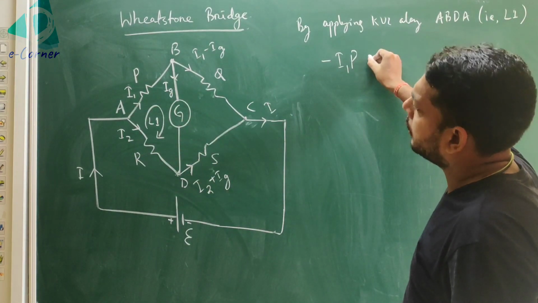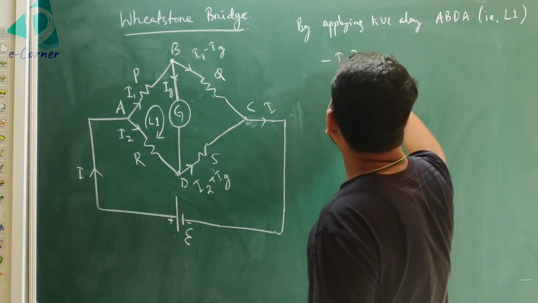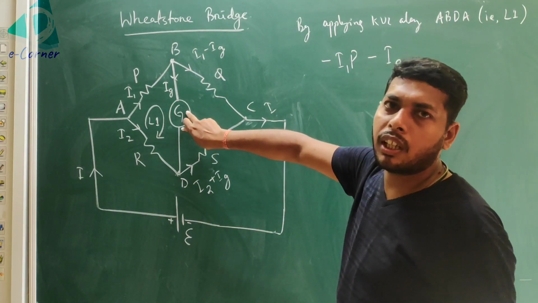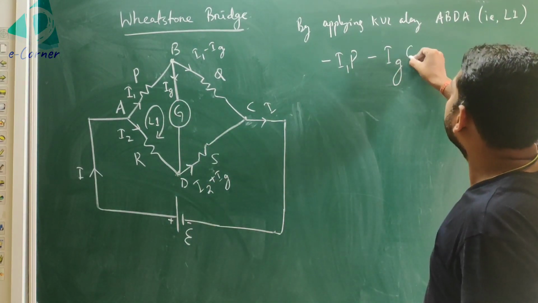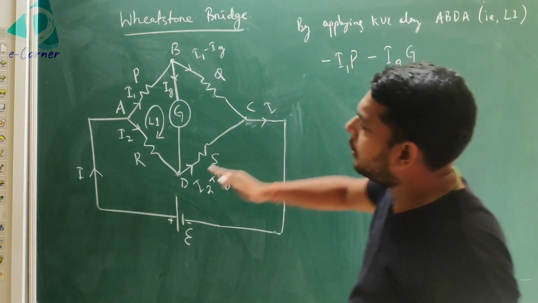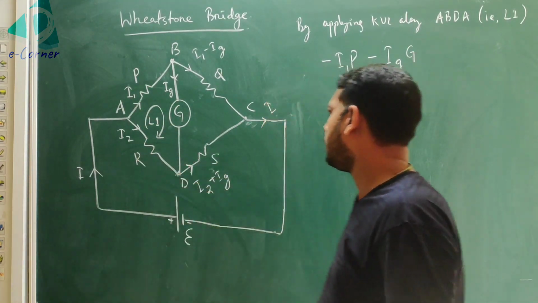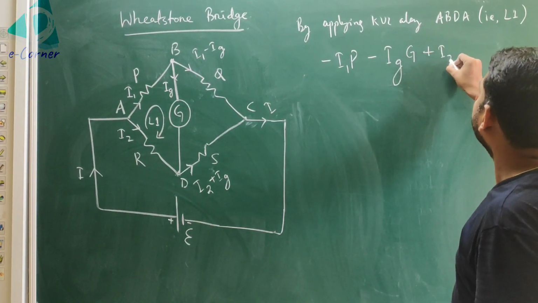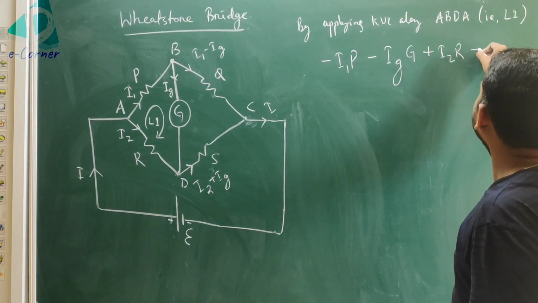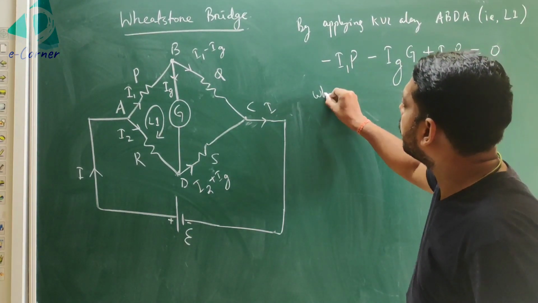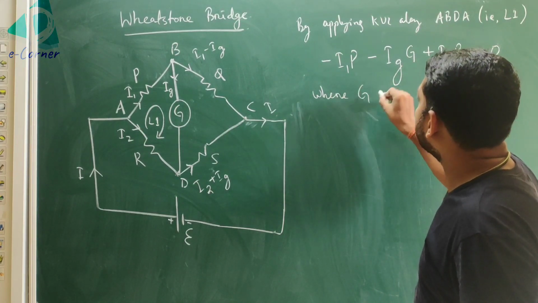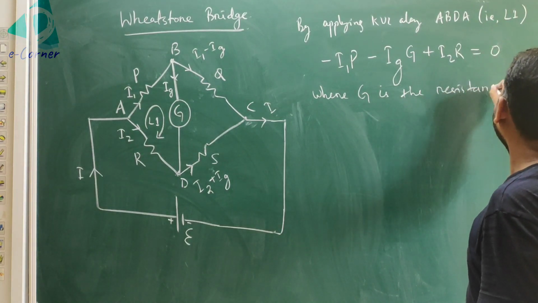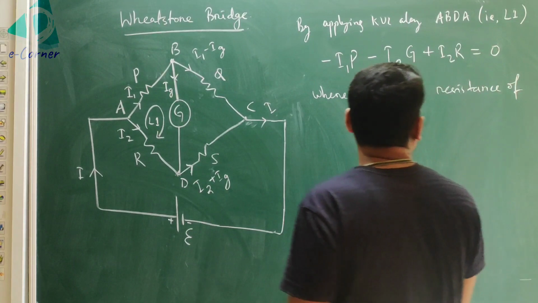Minus I1 P. Then again this is minus, the current is Ig into the resistance of the galvanometer, let it be G, into G. Then this one is coming towards, so this is plus to minus, so again minus to plus, so this is plus I2 into R, which is equal to 0, where capital G is the resistance of the galvanometer.